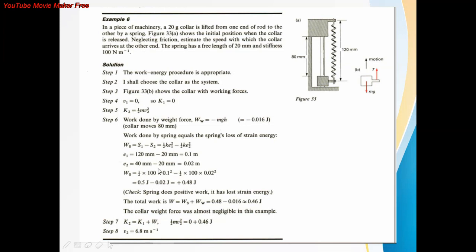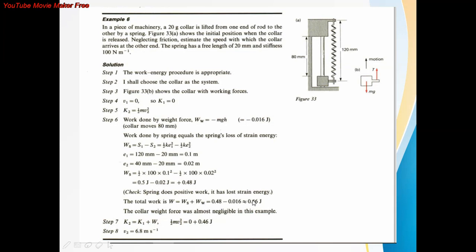So now we know the spring work done as well as the work done due to weight. Putting both the values, we get the total work done, that is Ws plus Ww, where Ws, the spring work, is 0.48 joules, and Ww is minus 0.016. So when we put both the values, we get total work done of 0.46 joules.